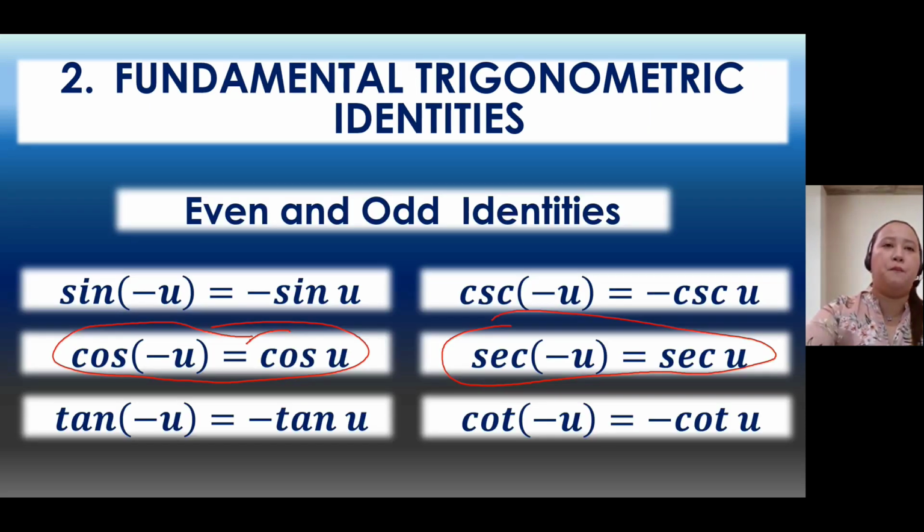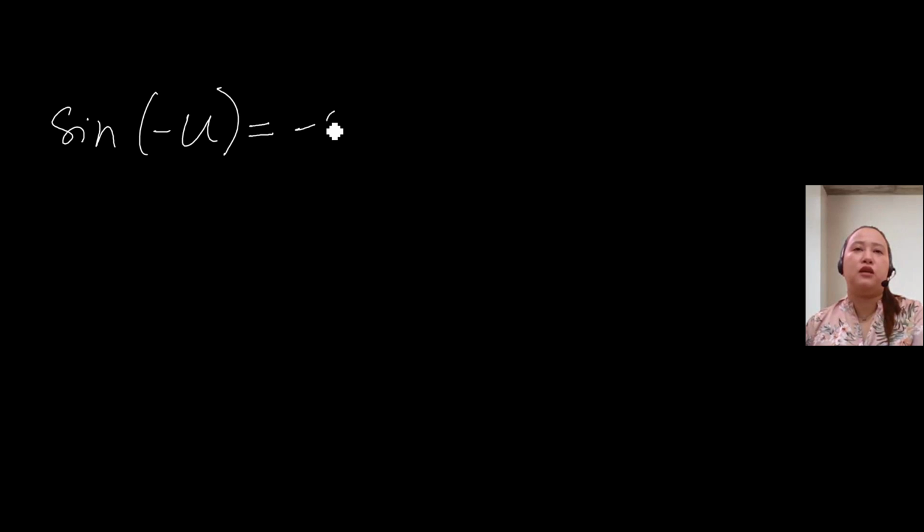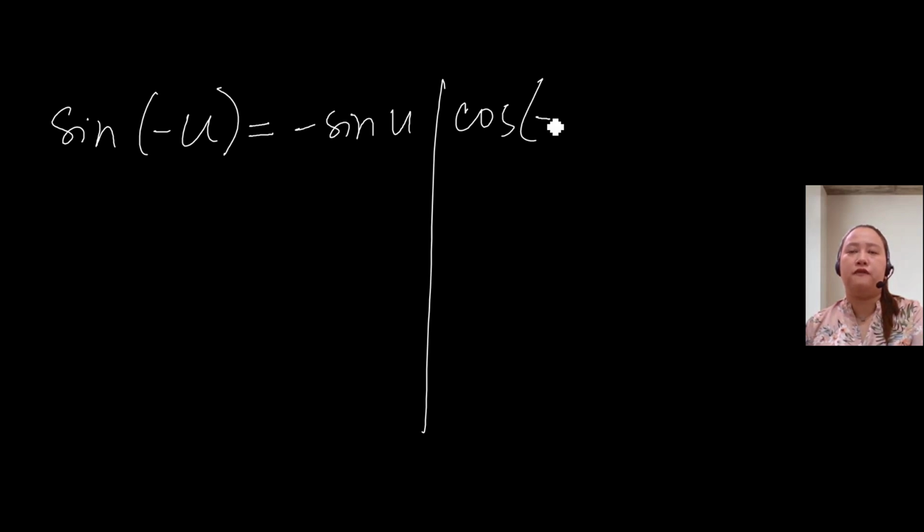Okay. Then let us have, for example, sine of negative u. Remember, if you would like to use u or theta, you may do so. So this equals the negative of the trigonometric function. And then the other one, we have cosine of negative angle equals the positive of the trigonometric function.